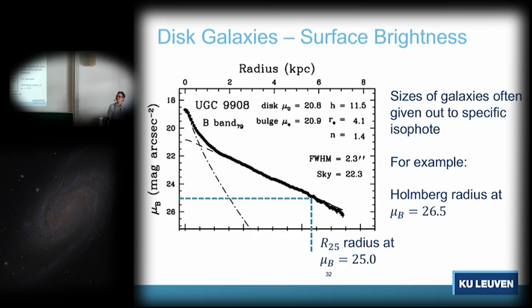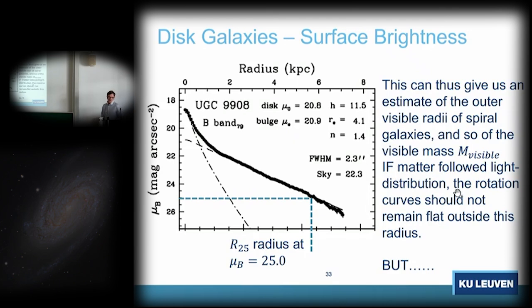Now, there are also other ways to characterize that. For example, the Holmberg radius, that's actually at 26.5, right? So that would be a little bit further out. In this case, etc. So the sizes of galaxies are often given out to some specific isophote, right? So that also can give us an estimate of the outer visible radii, and the outer visible mass.